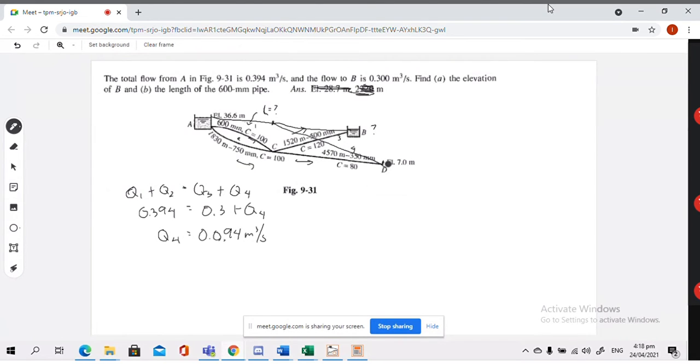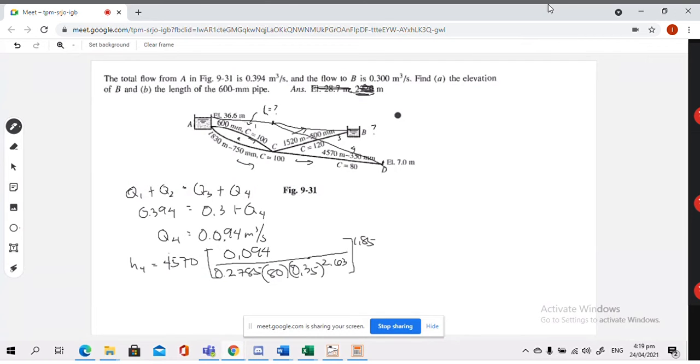If you get the head loss here, just add 7 and you get the elevation at C. So head loss at 4 is equal to 4570 times 0.094 over 0.2785, using SI units, C times D to the 2.63, to the 1.85.